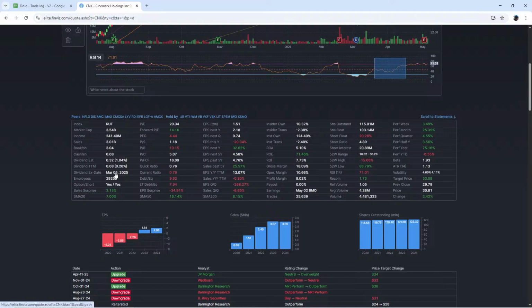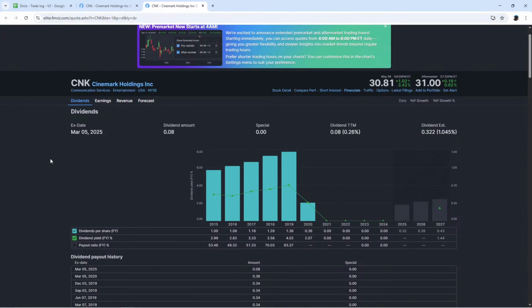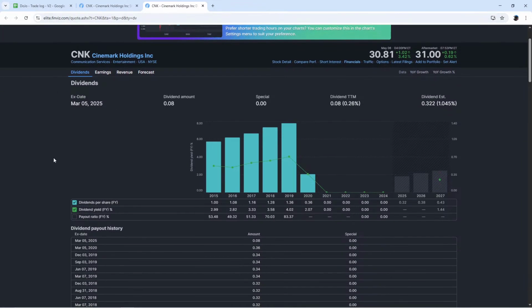So the ex-date was March 5th. Trailing twelve months dividend was 0.08. They're still paying out.